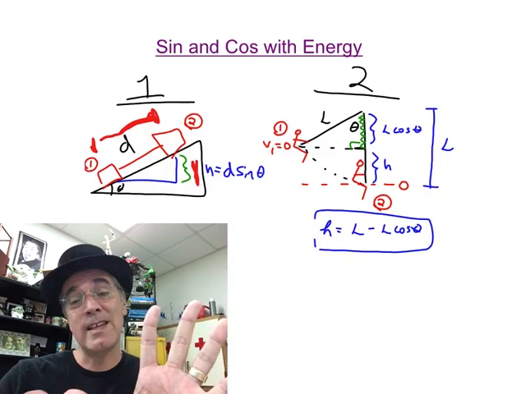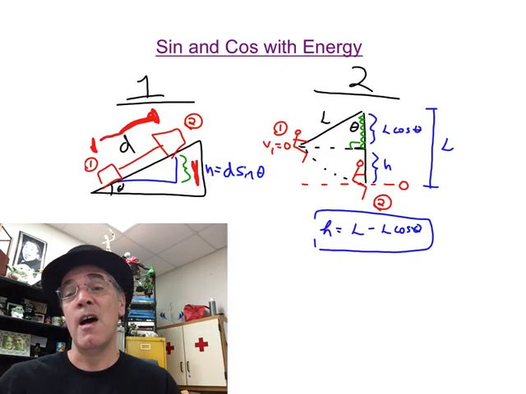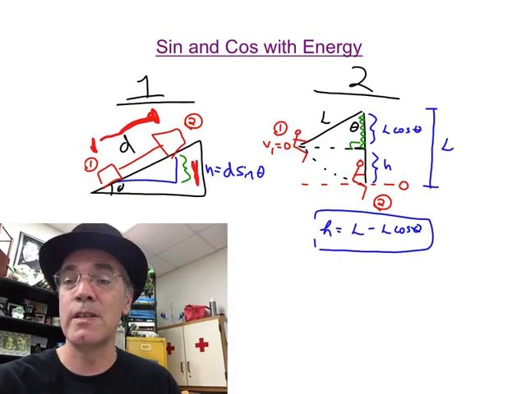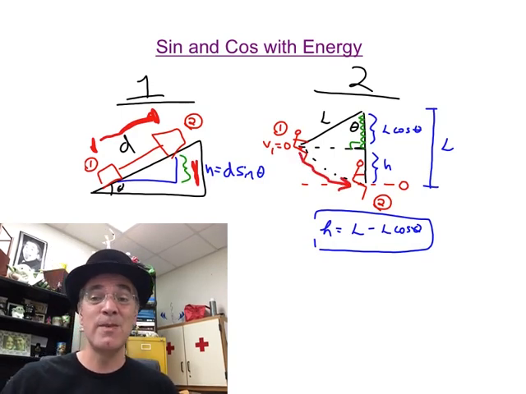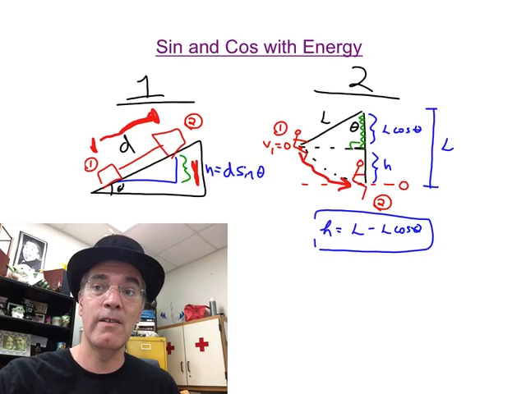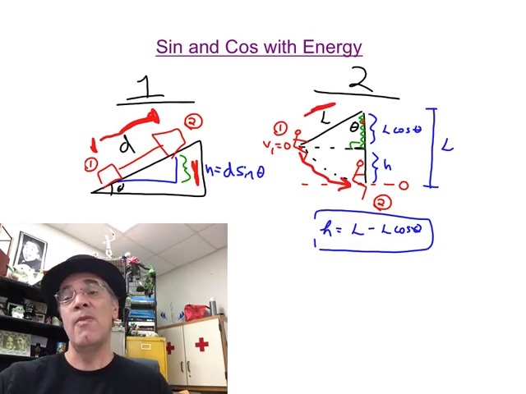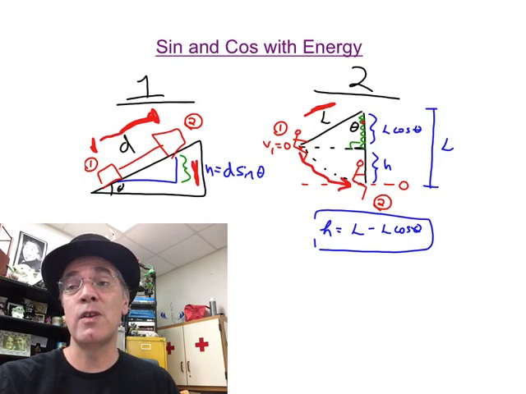A little more complicated example of that with another height is when we have a pendulum. That's what this is, and this is a person swinging down. And when you have a pendulum, a lot of times they'll give you the length of the string up here. They'll give you the angle. And we know that the string length doesn't change, and so I have that same length down here at the bottom.